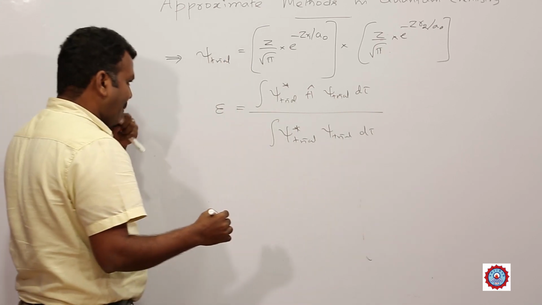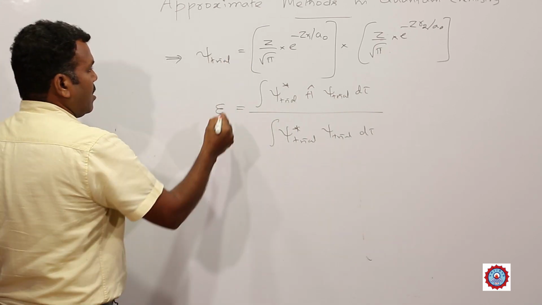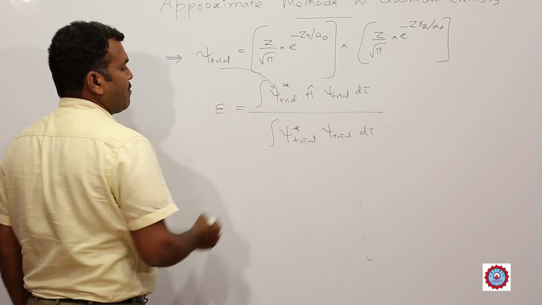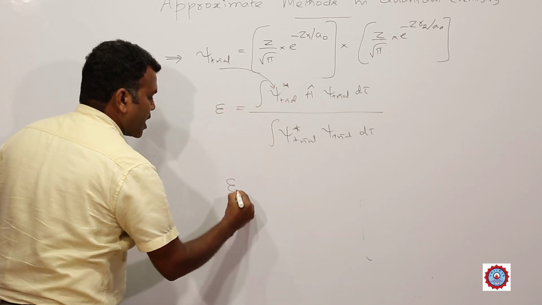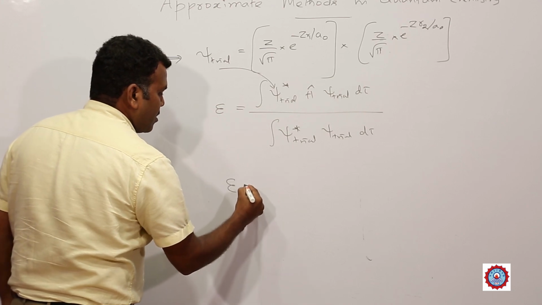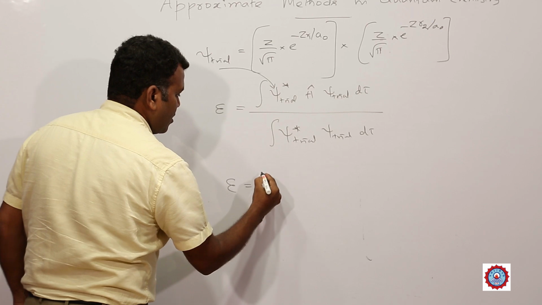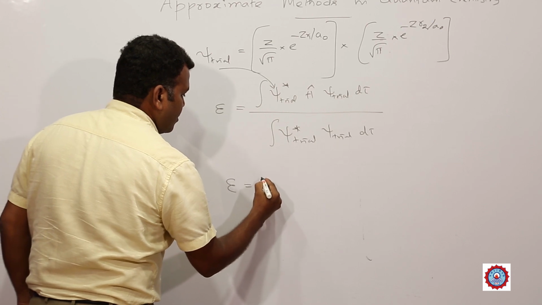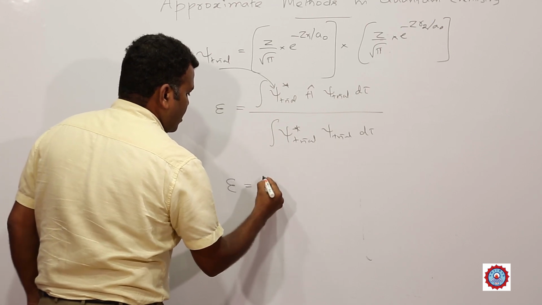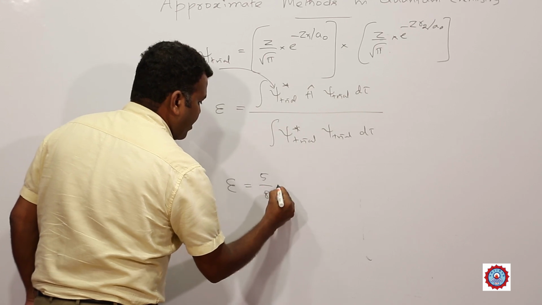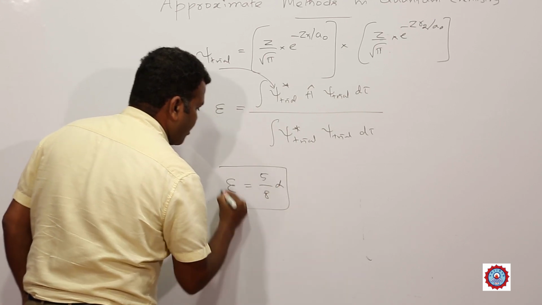If we apply the trial wave functions here, you will get the expectation energy, which comes out as, I will write roughly, 27 by 8 alpha.